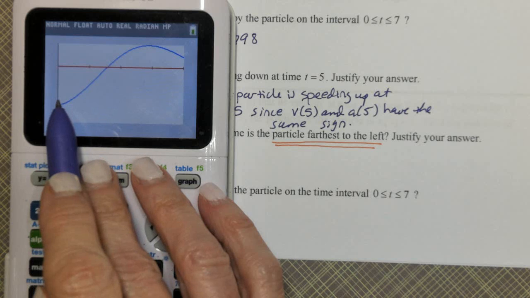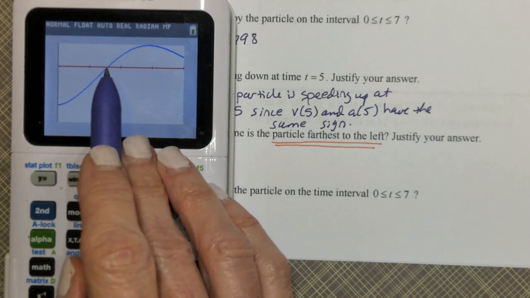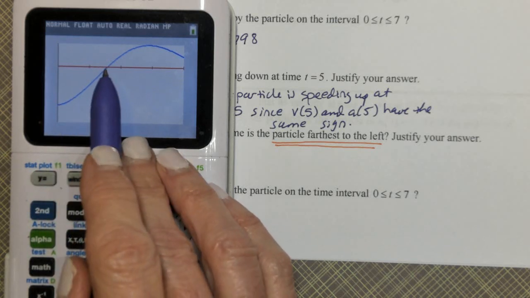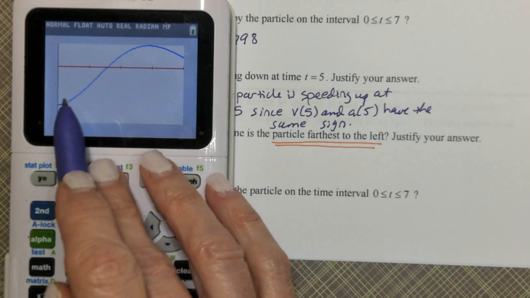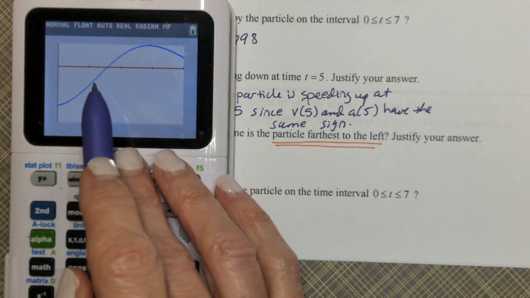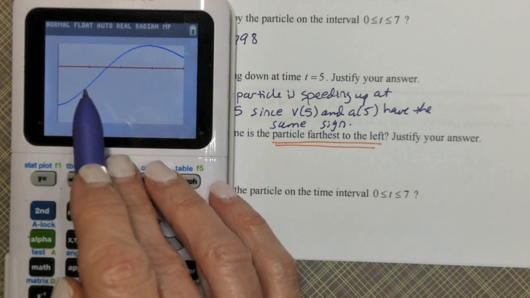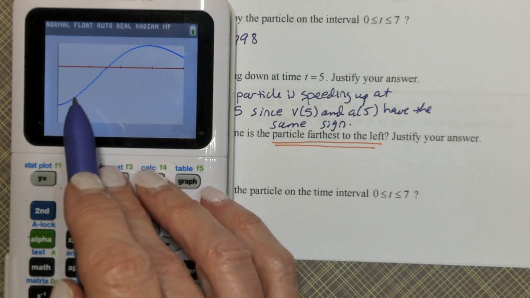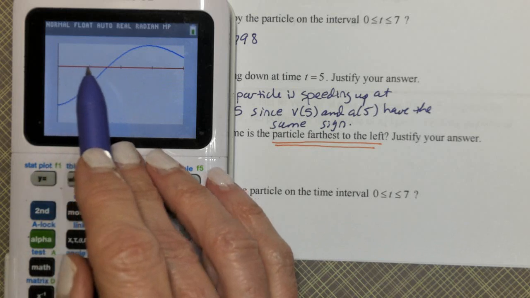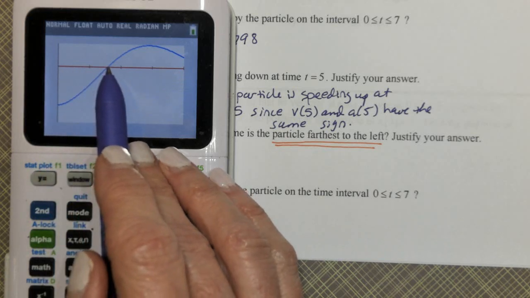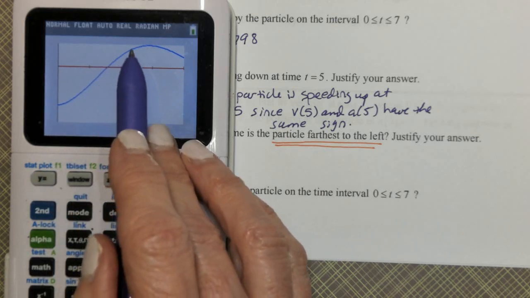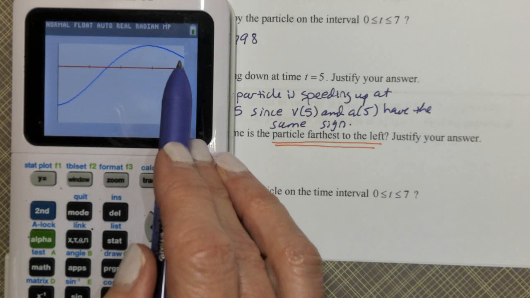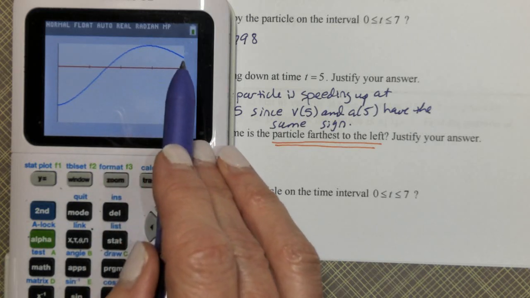For this stretch, velocity is negative. That means the particle is doing what? When velocity is negative, the particle is moving to the left. So the particle is moving to the left until this time. After that time, the particle moves to the right because velocity is positive.